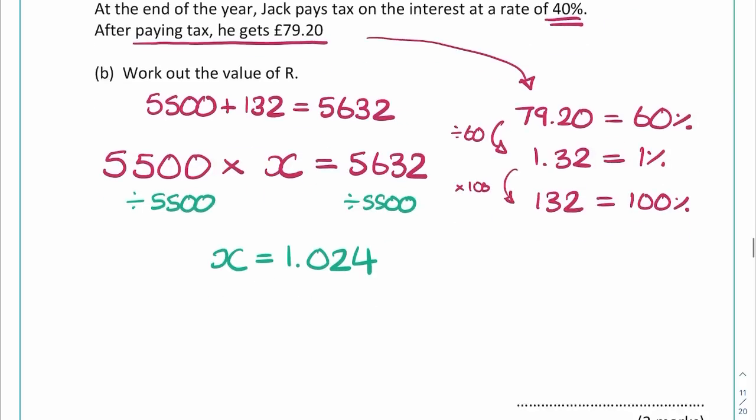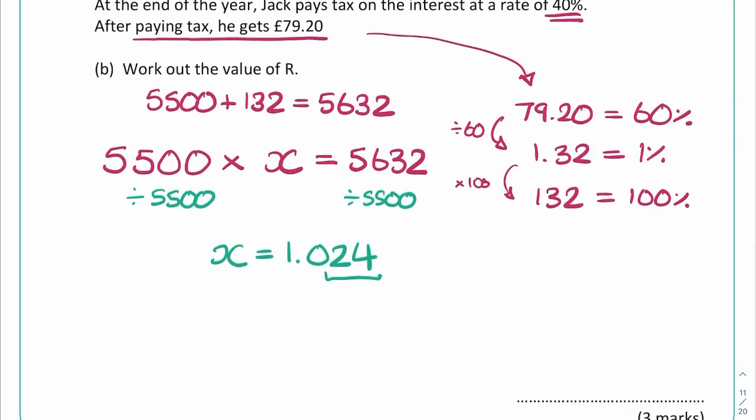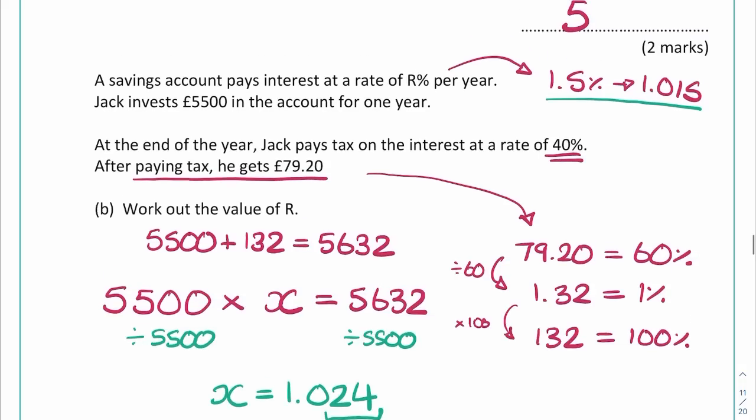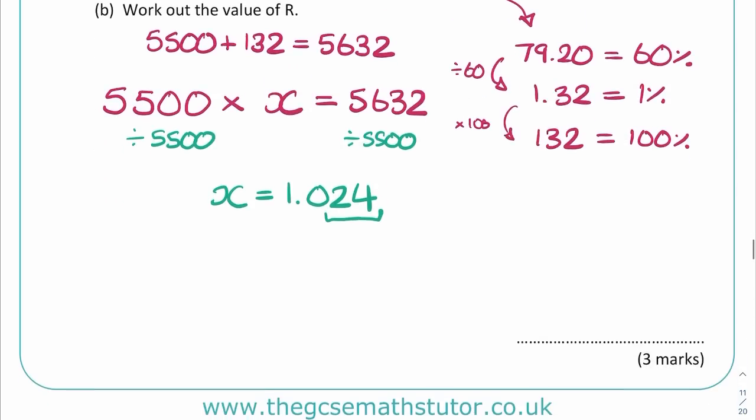Now, think back to what we said here. 1.5% is 1.015. So this 2.4 at the end is very similar to that, and a good one that I picked. So looking at those, 1.5 is 1.015. 1.024 is going to be 2.4%. Numbers in this column here will represent like a 10, a 20, a 30%. This is a 1, 2, 3, 4%, and this is a 0%, so 0.1, 0.2, 0.3.